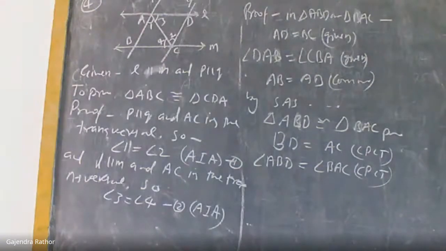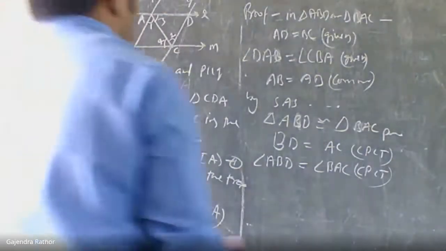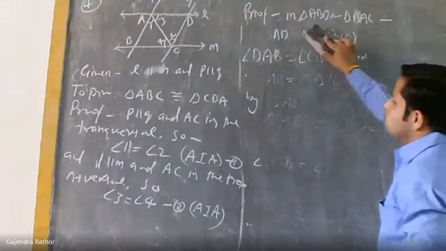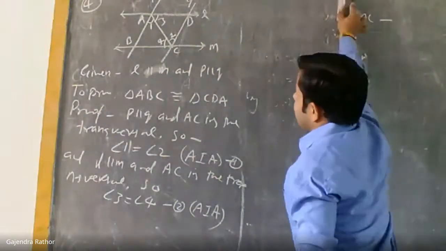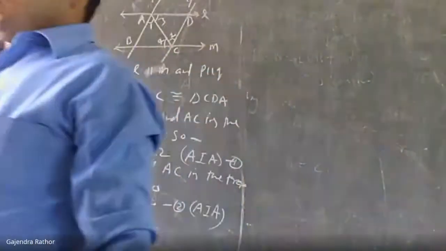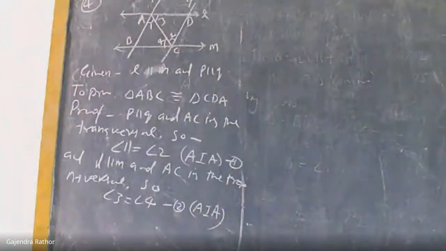So now we got 2 corresponding parts that are equal. Now we need one more part. Can anybody find the third part? What will be the third part? Correct answer? Yes, very good. AC is equal to AC. This is the common line.